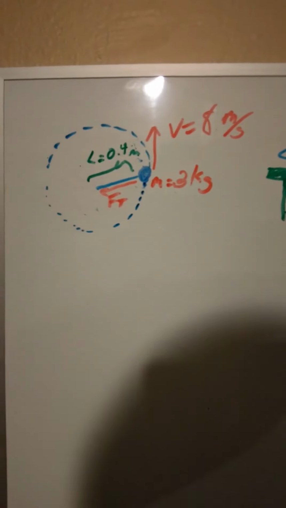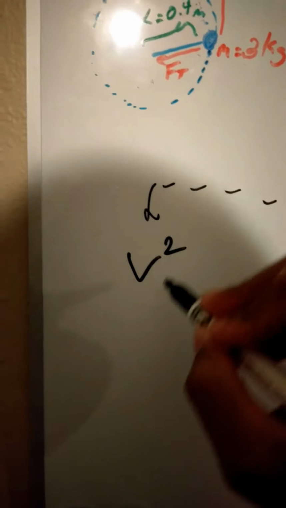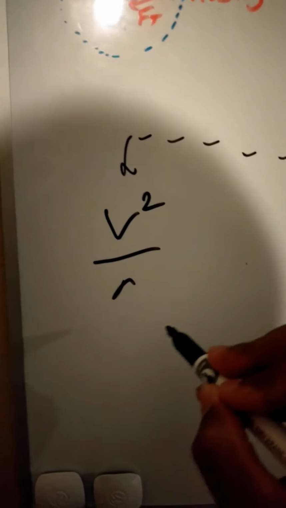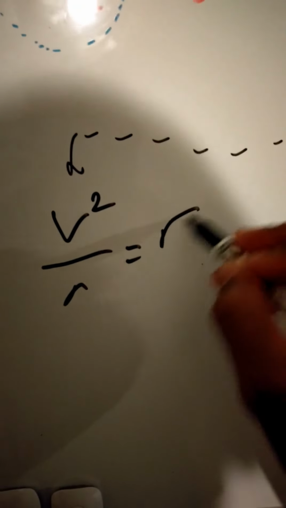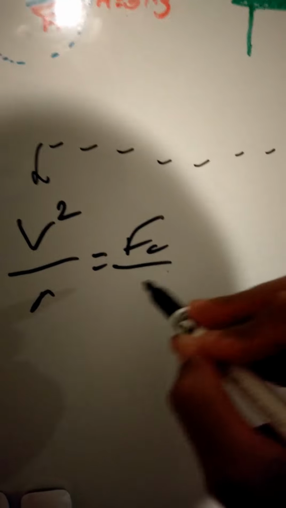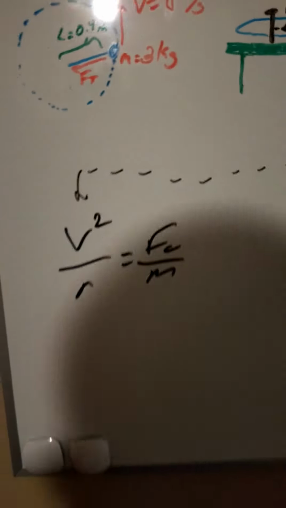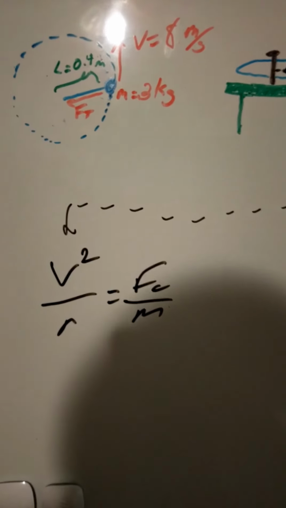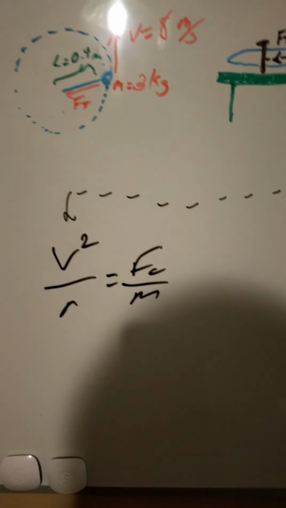So I'm just going to bring this down here. And I'm looking for my tension, and that's my centripetal force. So, I pretty much can multiply both sides by mass.